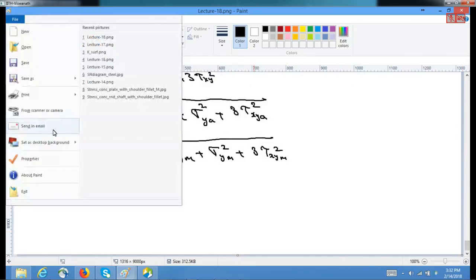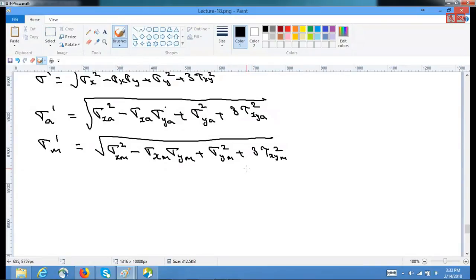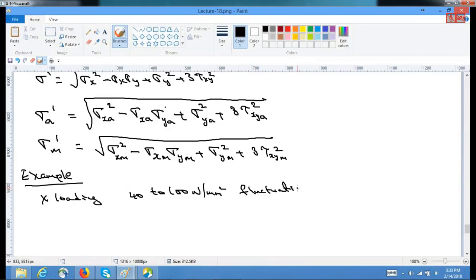Let's say an example. In the previous case, we had an x loading with a maximum of 40 to 100 Newton per mm square fluctuating stress, and in the y direction, let us say it is 10 to 80 Newton per mm square fluctuating stress.